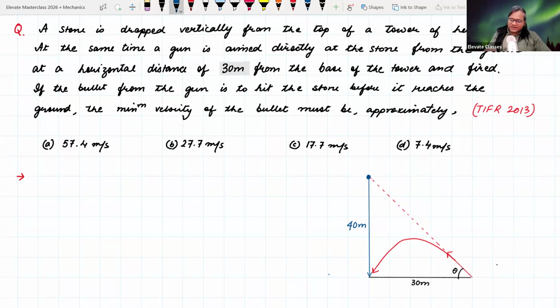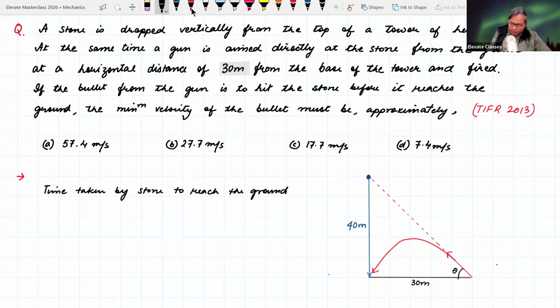So when the stone falls, let us first calculate how much time it takes. Time taken by the stone to reach the ground. Okay? It's vertical motion, no difficulty. What is the distance? 40 meters is equal to ut, so 0, initially the stone's speed is 0, plus half g t squared. We take g as 10, t squared. Therefore t squared is equal to 80/10, which is 8, and t is equal to √8, meaning 2√2 seconds.